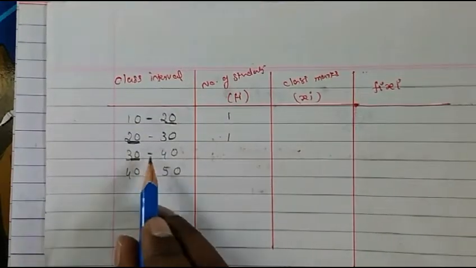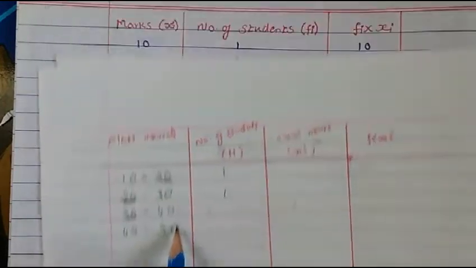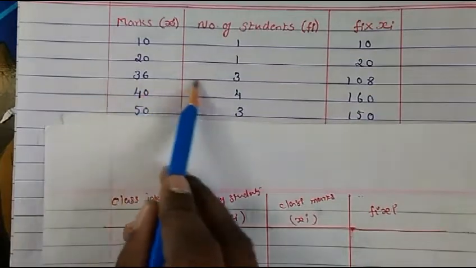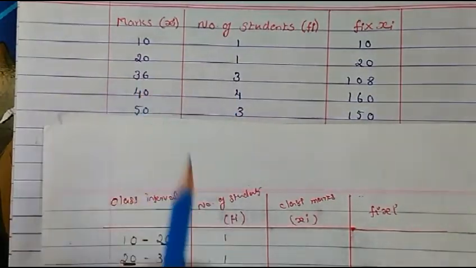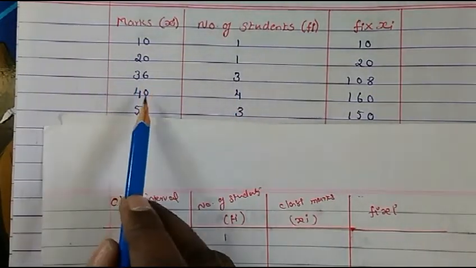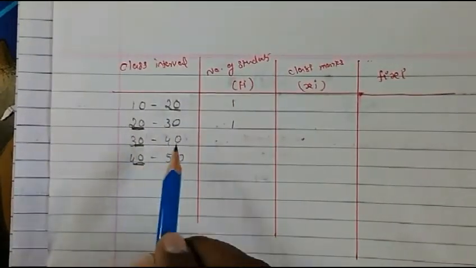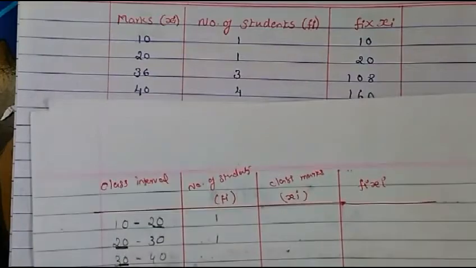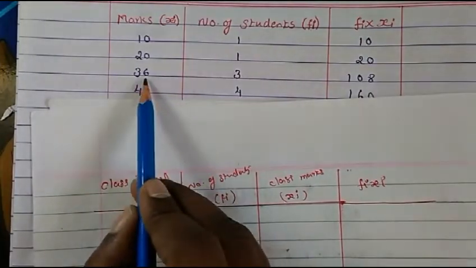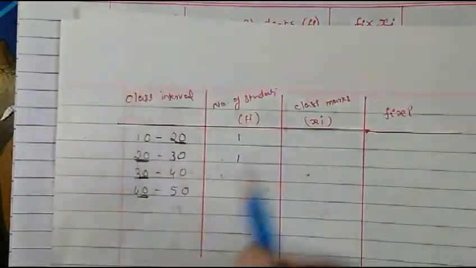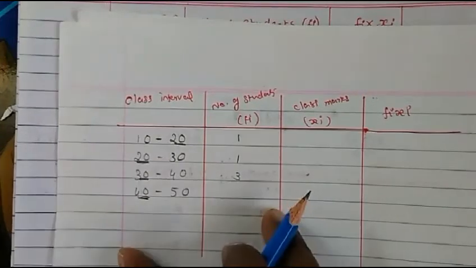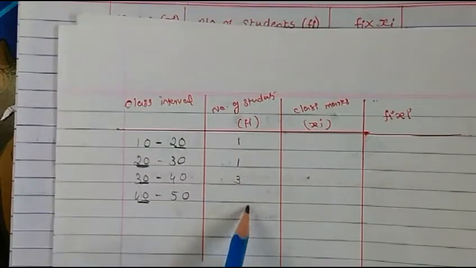Then 30 to 40 means 3 students, because 30 to 40 means 30 to 39 only you have to count, not the 40, because 40 begins in the next interval. So between 30 to 40 will be 3 students. That's how you have to do the arrangement.